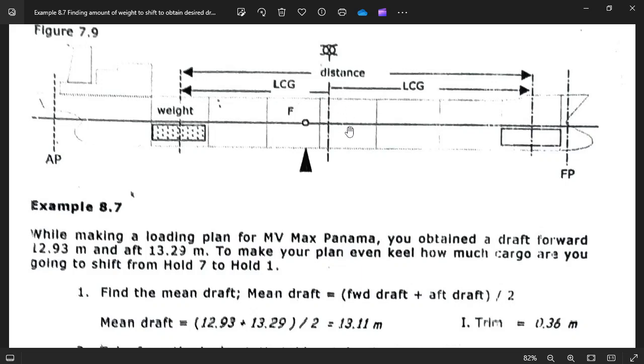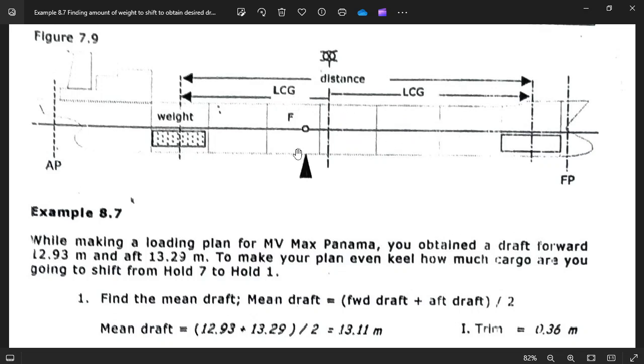It could be on this part, could be here, or it could be here. Just to make, when we shift this weight, it will be even keel. So it could be somewhere here, in the midship, or forward of midship. So this is from hold number 7 to hold number 1. Okay?